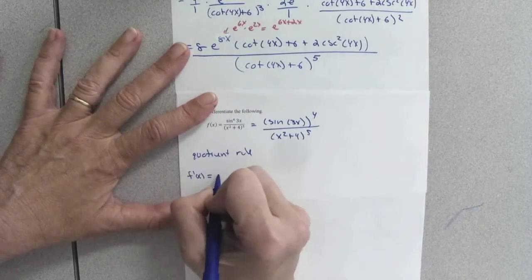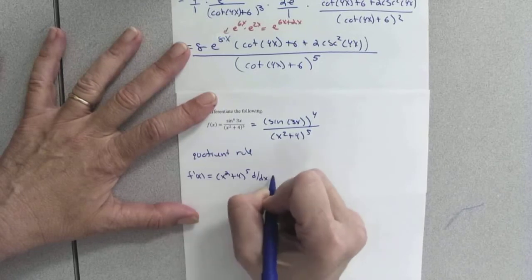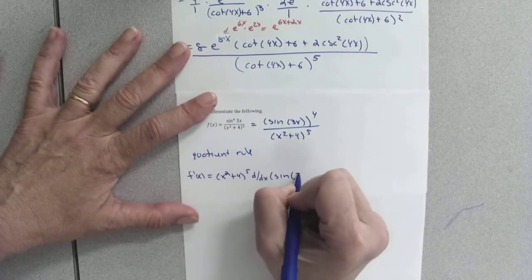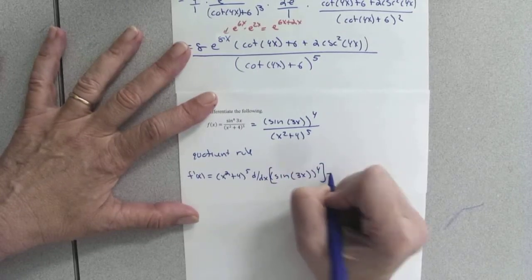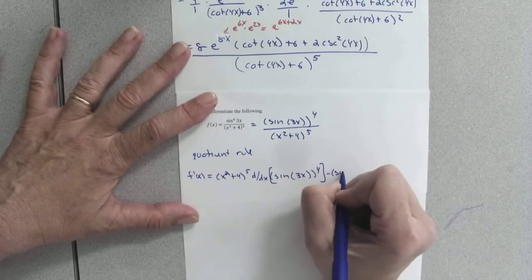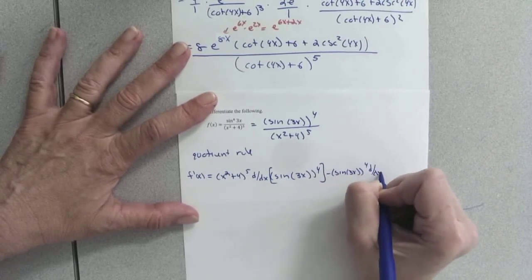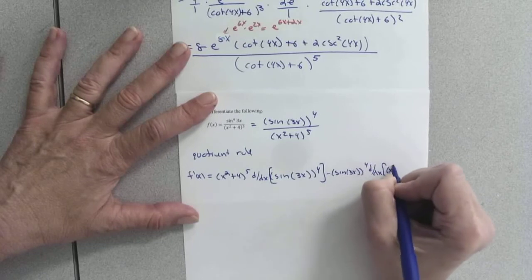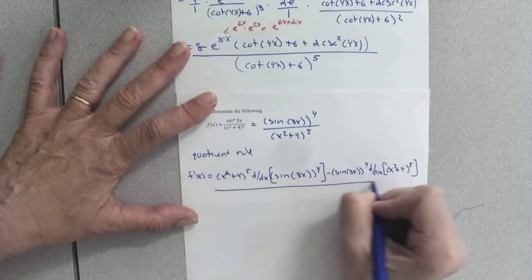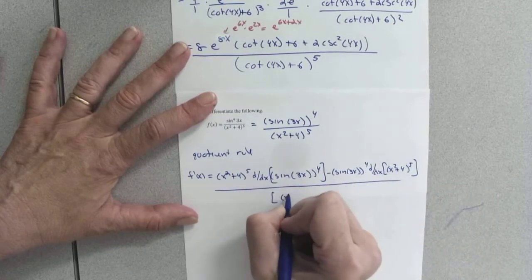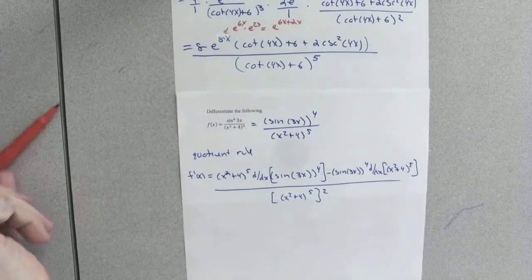So, plain denominator, derivative of the numerator, minus plain numerator, derivative of the denominator, all over the plain denominator squared.